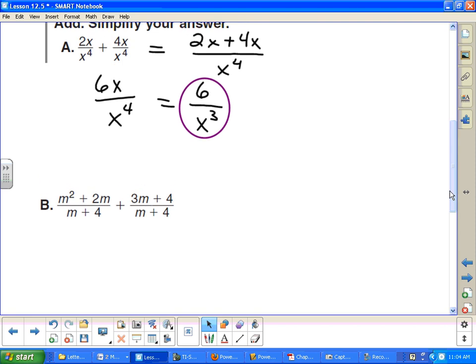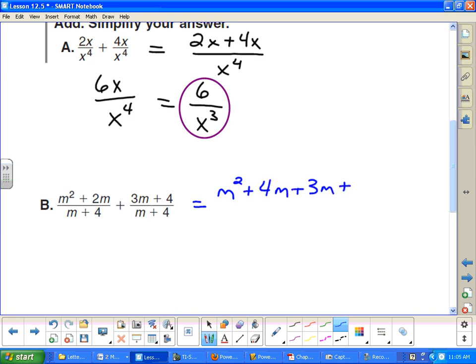Okay, let's look at another example here. So these two have a common denominator. I'm adding them together so I could write it all over my common denominator.